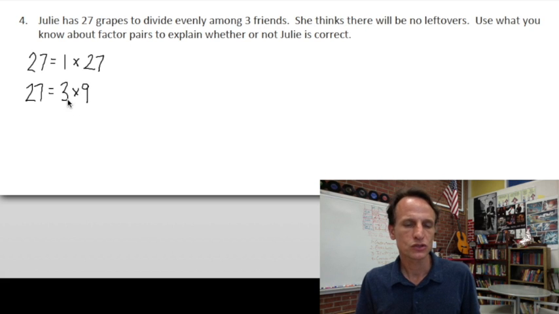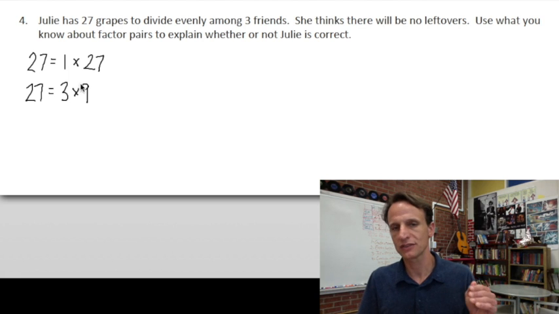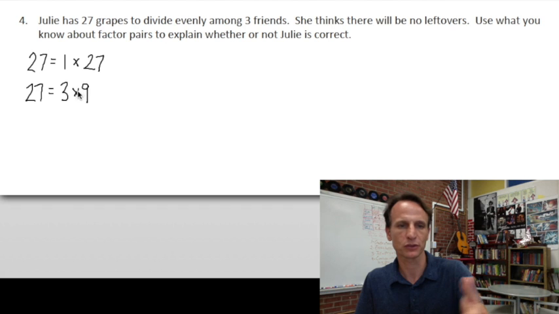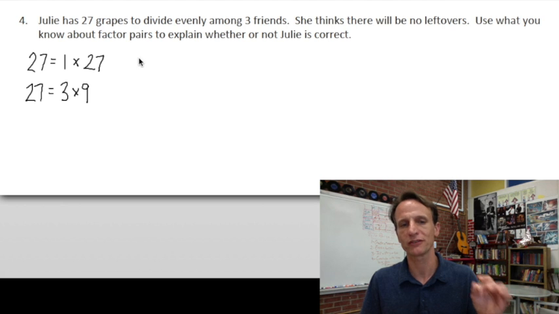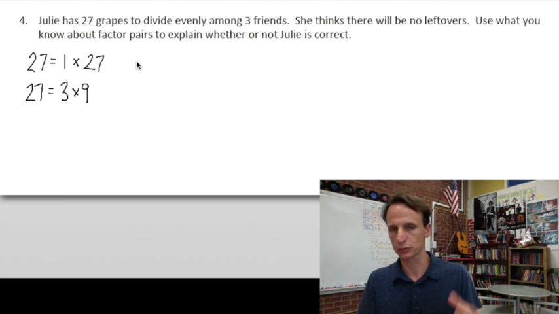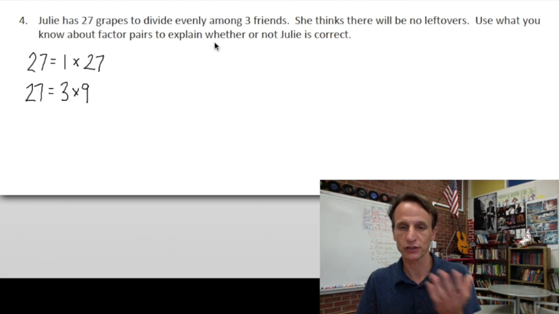So that means that 3 can divide evenly into 27, or if you have 27 grapes and hand them out to 3 people, they will get 9 each with no leftovers. So yes, indeed, Julie is correct. But we want to explain it using what we know about factor pairs. I don't want to just say each person will get 9 grapes. While that's true, that's not using what we know about factor pairs.